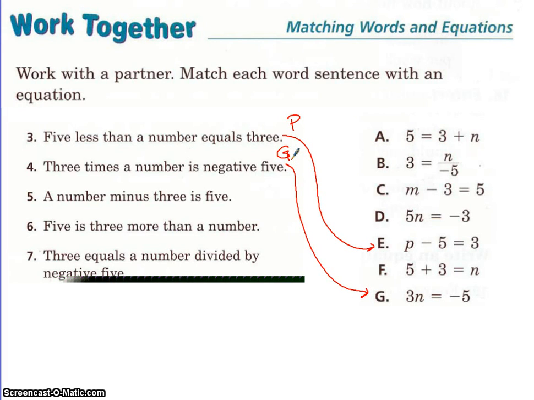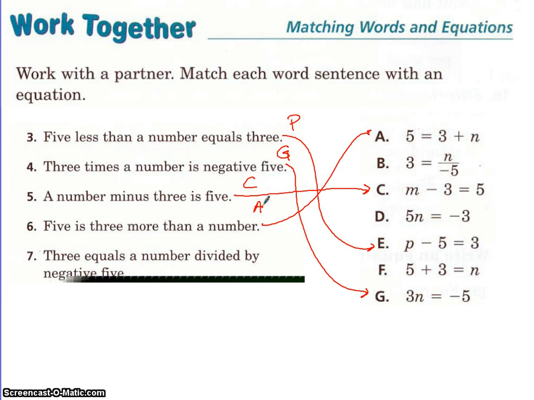Number 5, a number minus 3 equals 5. Well, that looks like it's pretty much straight across. A number minus 3 equals 5. So that's C. 5 is 3 more than a number. So it looks like we've got an A for that one.